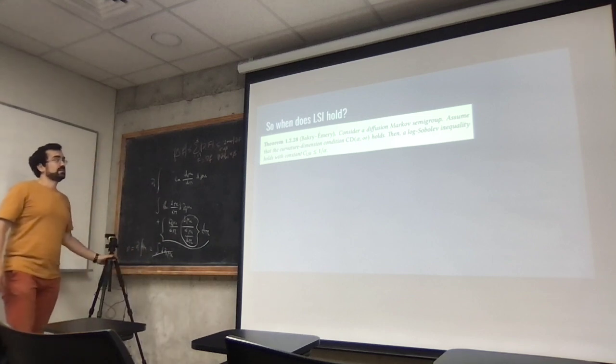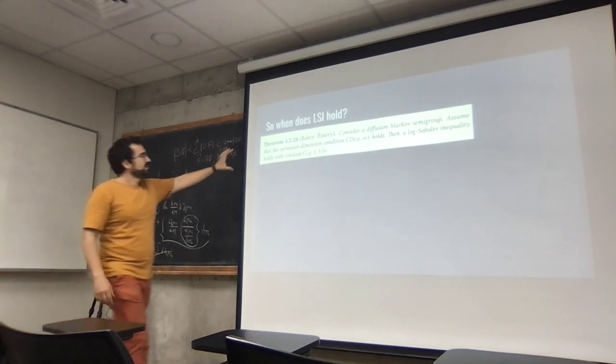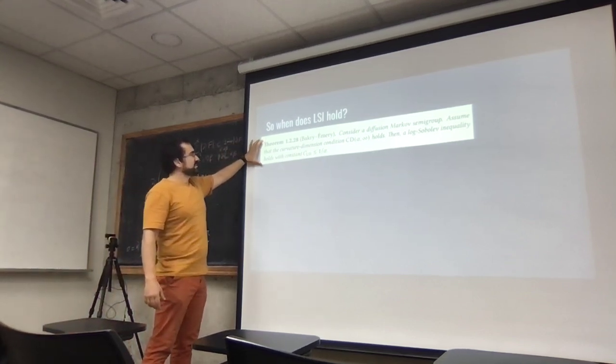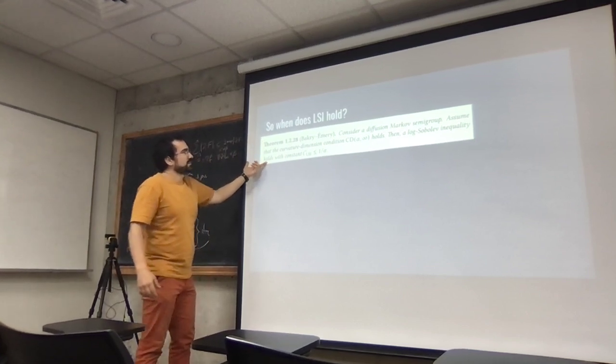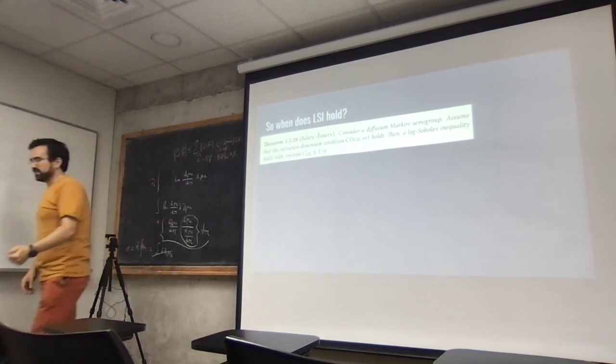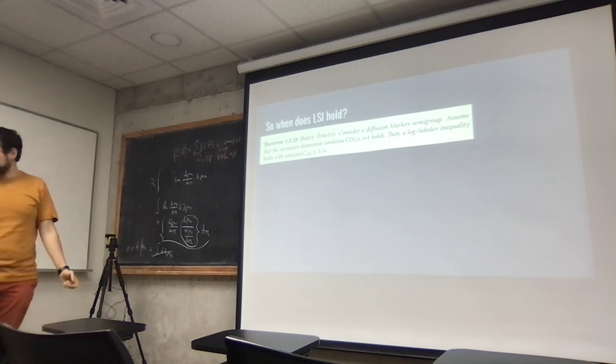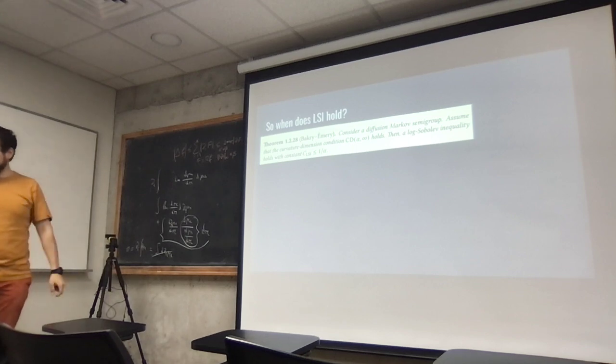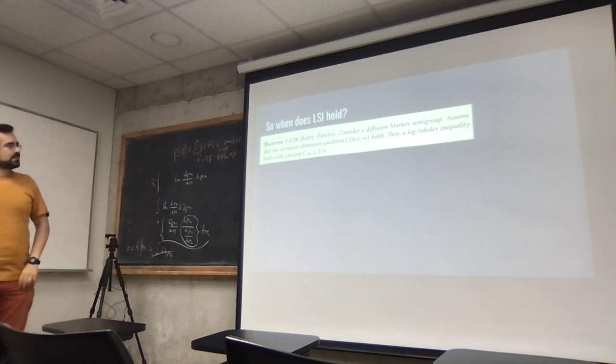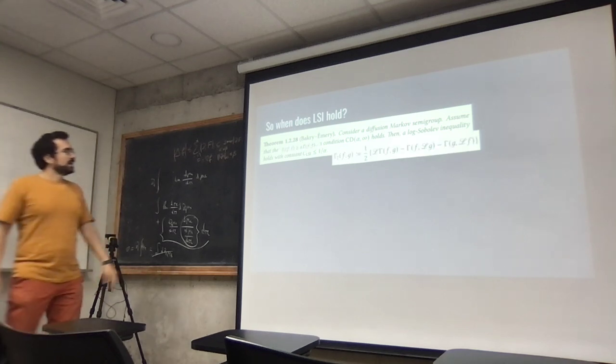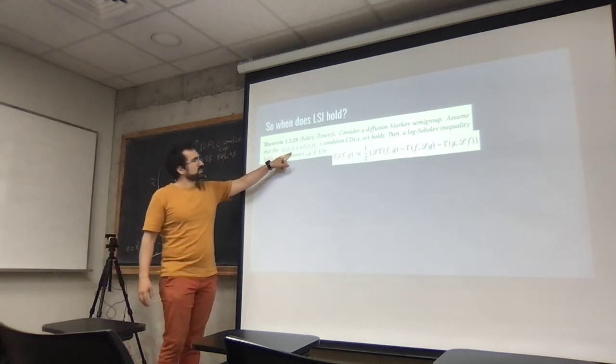It doesn't say if and only if, it says then it holds. So this curvature dimension condition is a stronger condition than LSI, but it is the only other property that allows us to know that LSI holds. And here the curvature dimension condition is this thing.